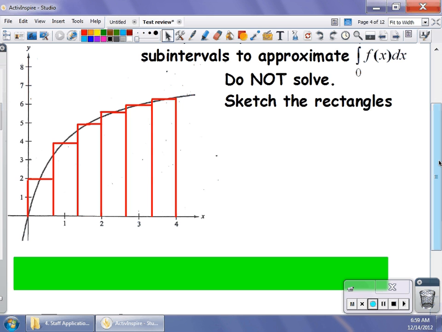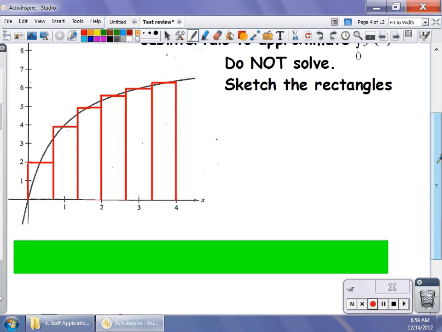So if you're not quite sure when you are doing a midpoint approximation, since we have, how many rectangles did it say? 6. So you're going to take the interval, which is 0 to 4, so 4 minus 0 divided by 6 gives me 4/6, which is 2/3.